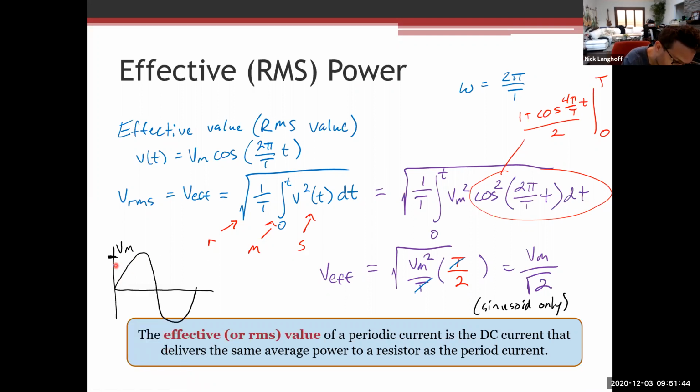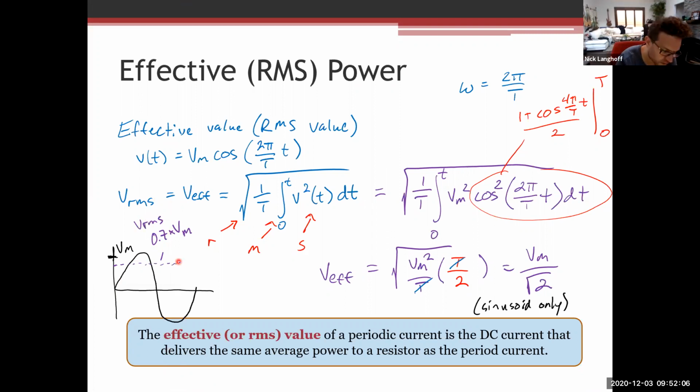If we were to look at 70.7% times Vmax, this is VRMS.